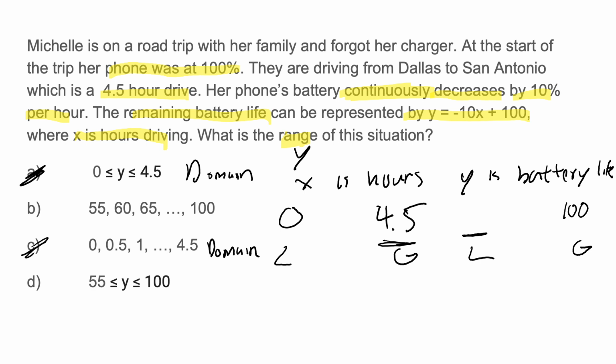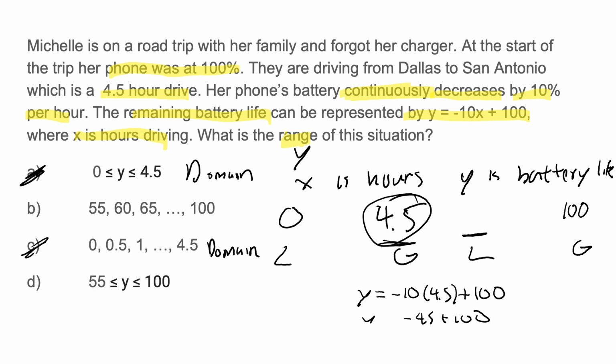We can do that by using our maximum here. So y is equal to negative 10 times 4.5 plus 100. That gives me negative 45 plus 100, which is equal to 55. So that means our lowest is going to be 55.